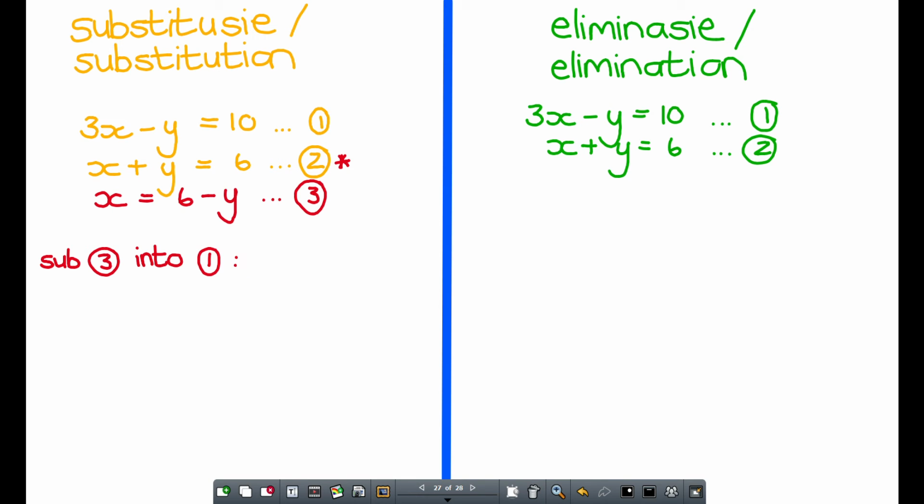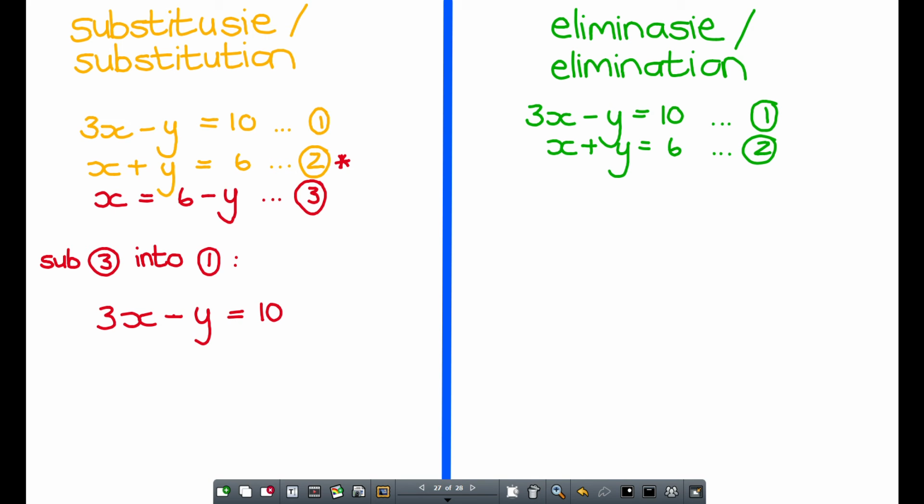Alright, now, equation 1 was 3x minus y is equal to 10. Ek gaan nou dit gou mooi netjies oorskryf, ek wil net gou eers vir jou wys. Ons het nou gesê, hier, want ons sit nou vergelyking 3 in vergelyking 1.